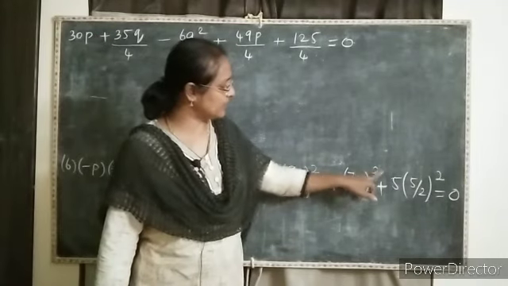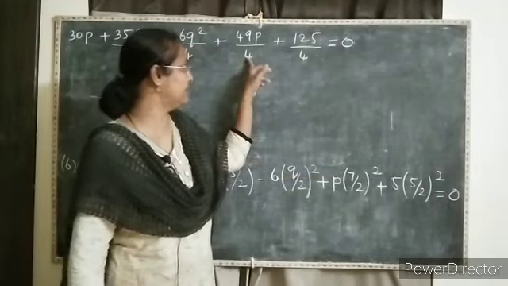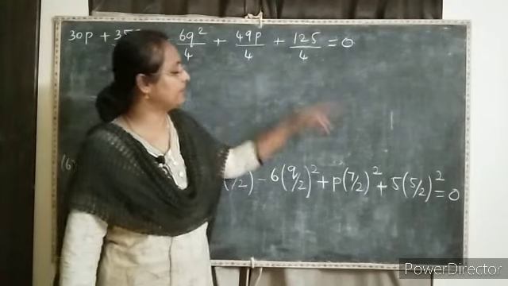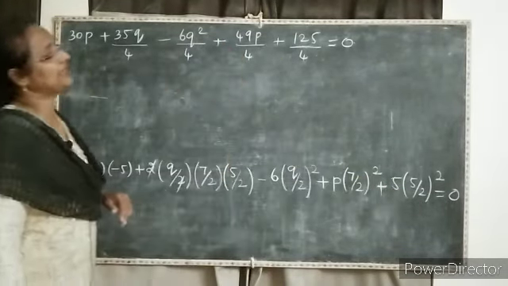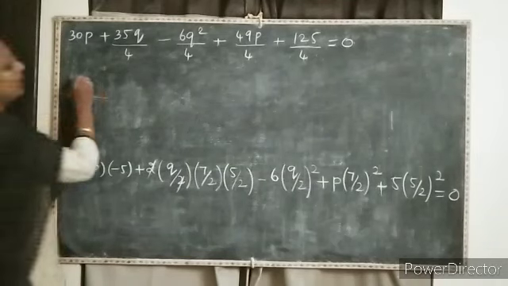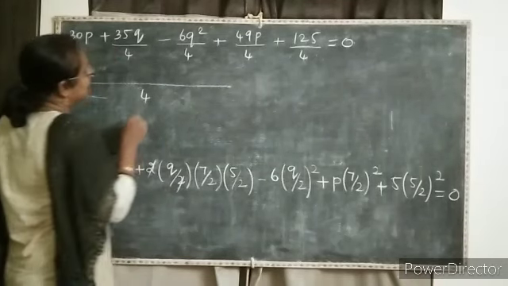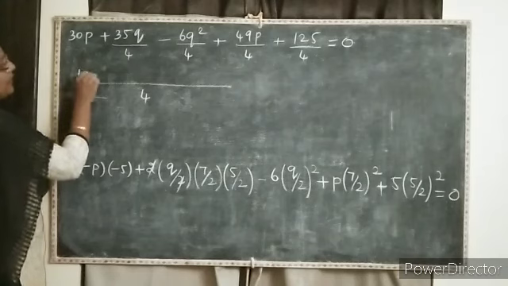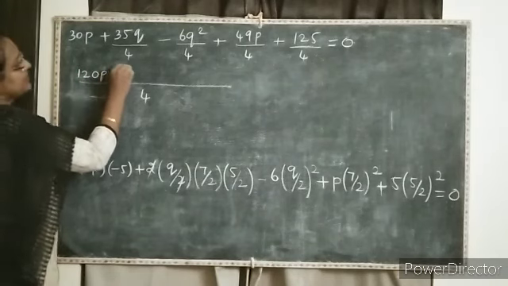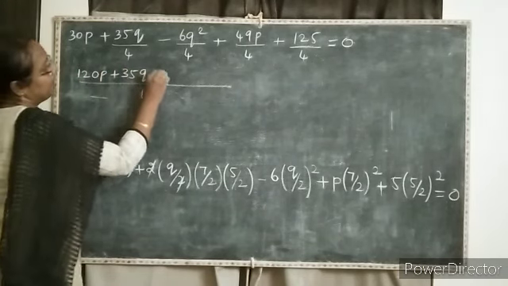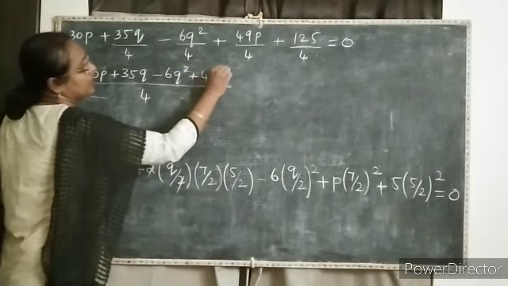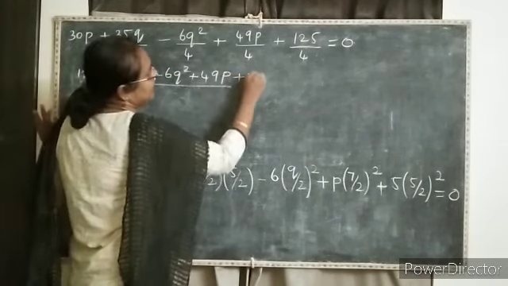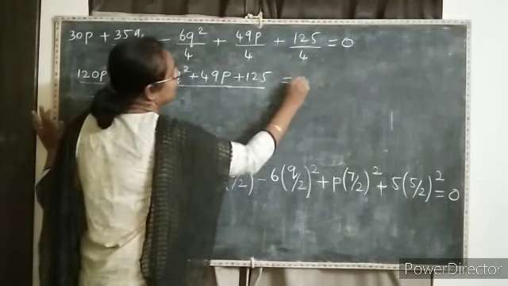Plus p into 7 squared, 49p divided by 4, plus 5 into 25 divided by 4 will give you 125 divided by 4. Now take the LCM, which is 4. Now this becomes 120p plus 35q minus 6q squared plus 49p plus 125, equal to 0.